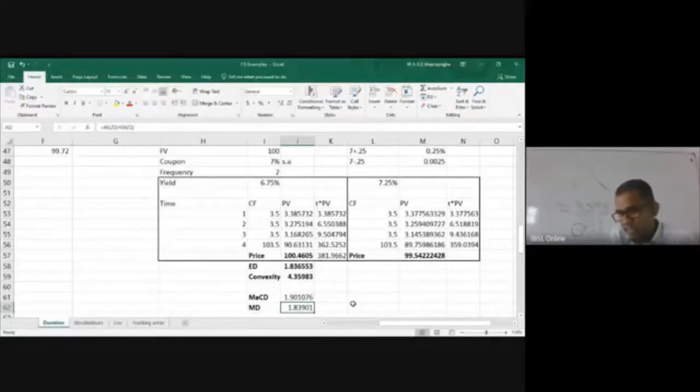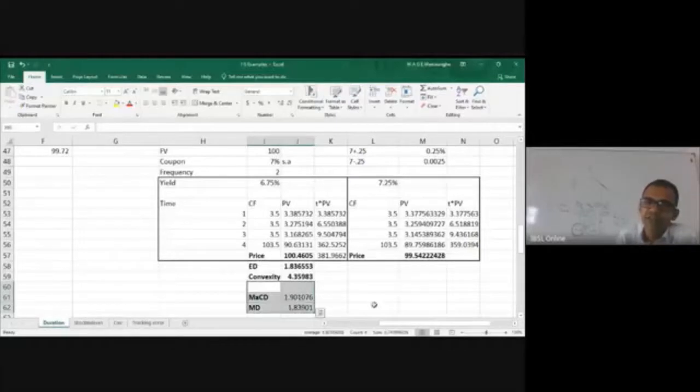But when the changes are high, then you can't consider that price yield relationship as linear. Therefore this modified duration works when the changes in yields are very low. For small changes, this modified duration or the duration concept works well to estimate the new price.